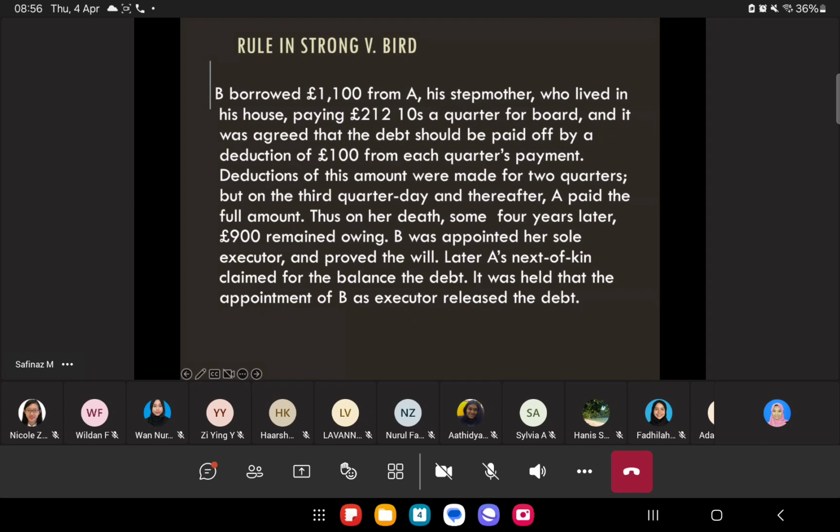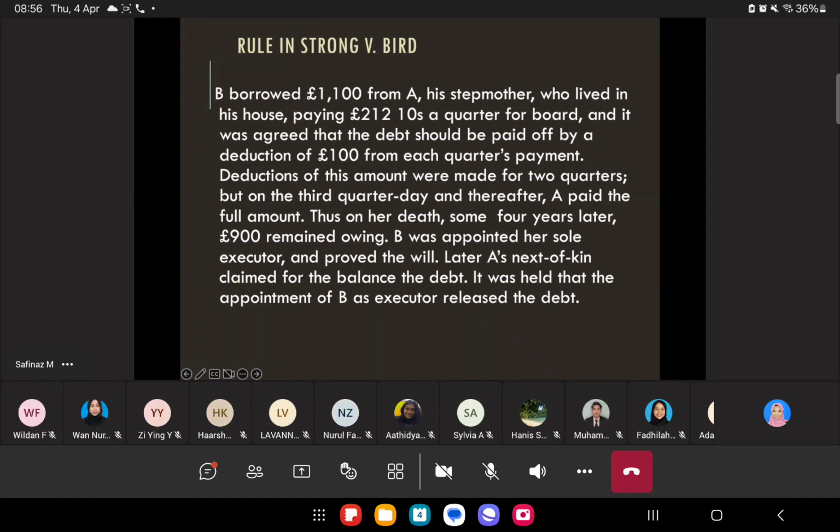Okay, so dalam kes ni, mahkamah kata the fact that A tadi lantik dia sebagai executor in itself makes the trust completely constituted. Therefore, waris-waris beneficiary of the will, not beneficiary of trust, yang saya cakap beneficiary of the will tu tak sama dengan beneficiary of the trust. So beneficiary of the will cannot claim that 900 remaining itu. Right?